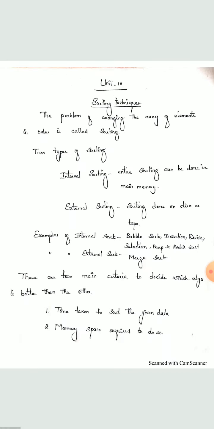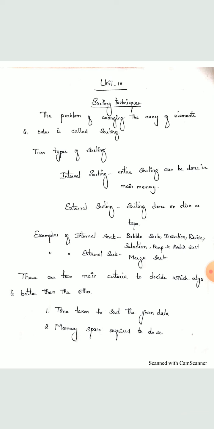As far as our examples are concerned, bubble sort, quick sort, insertion sort, heap sort, radix sort, selection sort all come under internal sort, because all these sorting techniques are carried out only in our main memory itself, right? The only example of our external sort is external merge sort. So merge sort will be done in external memory if our list is a bigger one, right?